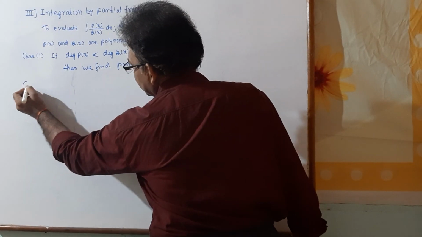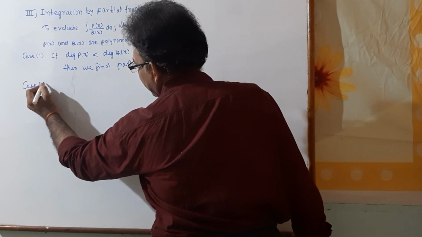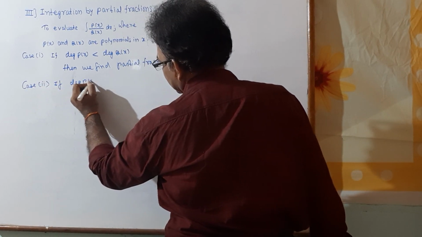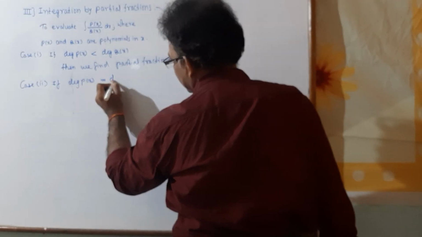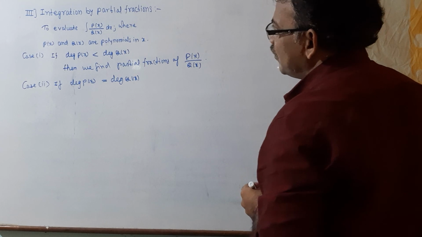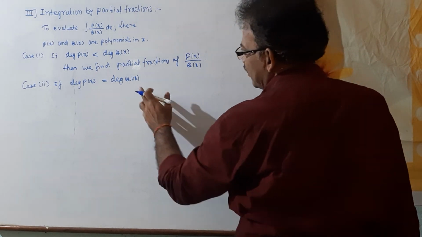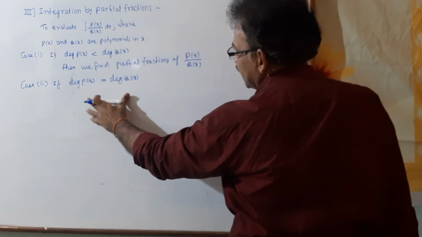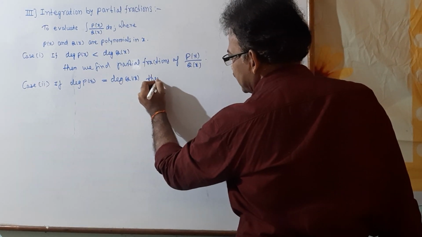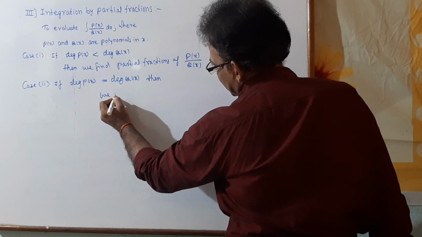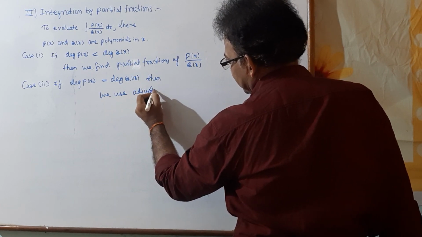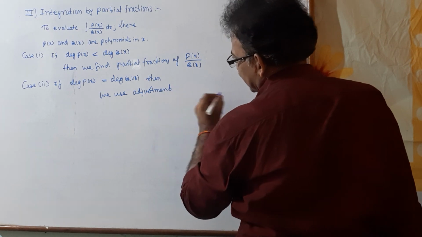Then case 2: if the degree of p of x is equal to the degree of q of x, that is, the degree of the polynomial in the numerator is equal to the degree of the polynomial in the denominator, both degrees the same, then in such case we use adjustment.